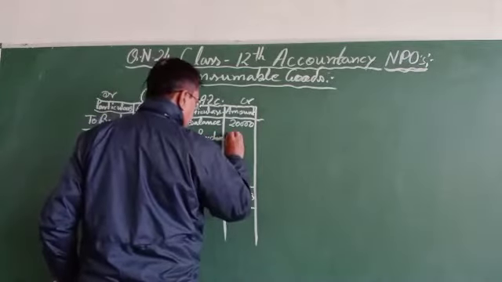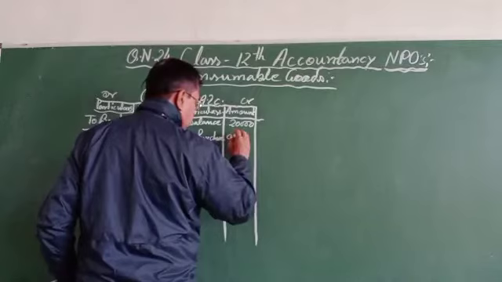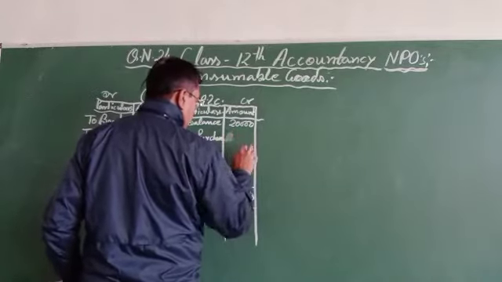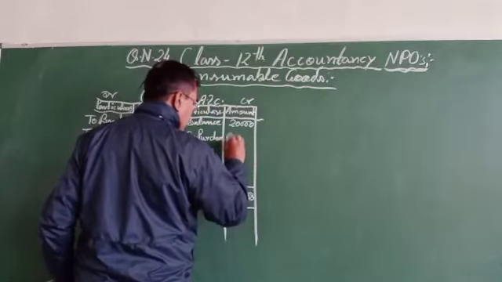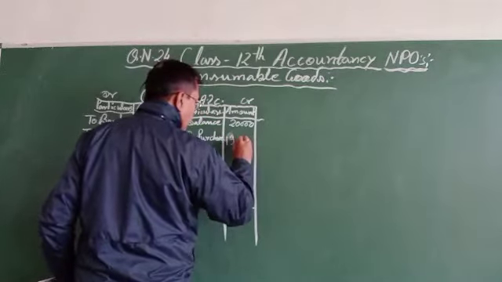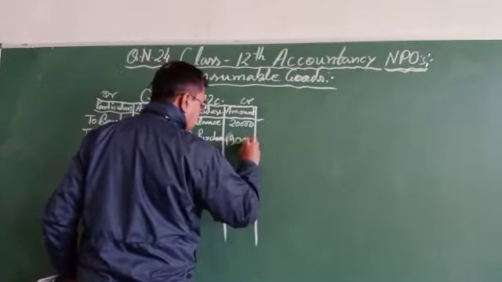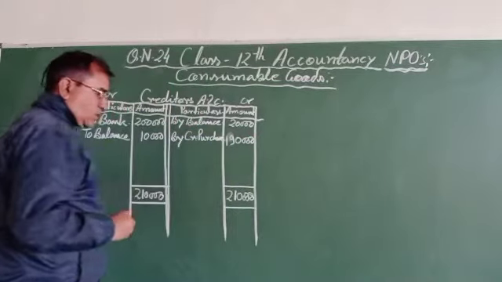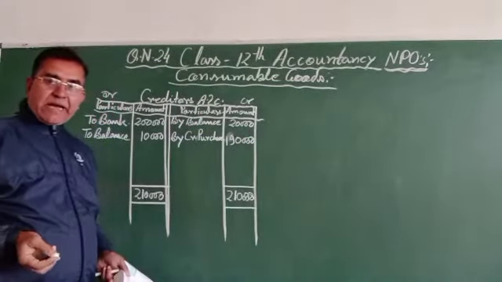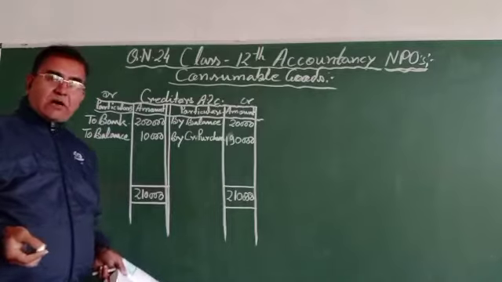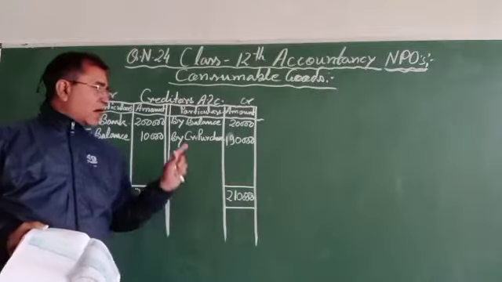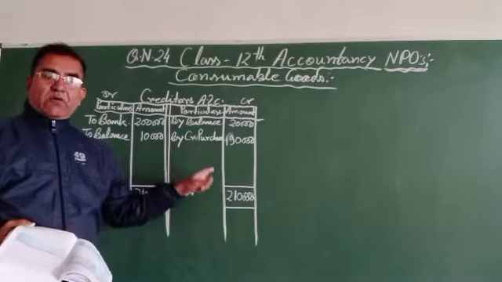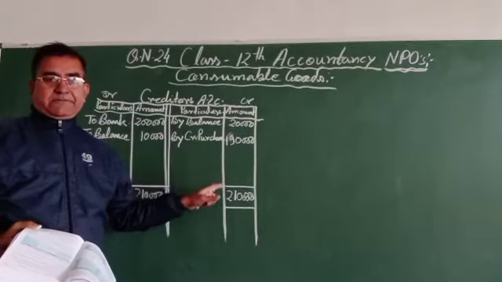That will be 1,90,000. 2,10,000 minus 20,000 is the credit purchase of the particular accounting period.